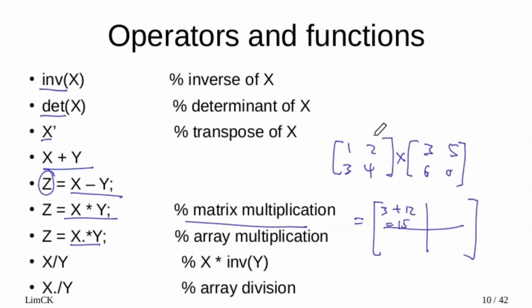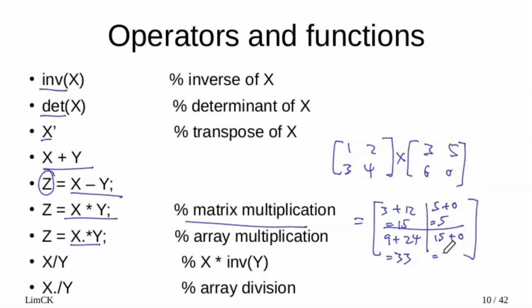Then 1 times 5 we get 5, 2 times 0 we get 0. We get 5 here. For row 1, column 2. For this one, 3 times 3, we get 9. 4 times 6, we get 24. The result is 33. And then the last one is 3 times 5, we get 15. 4 times 0, we get 0.